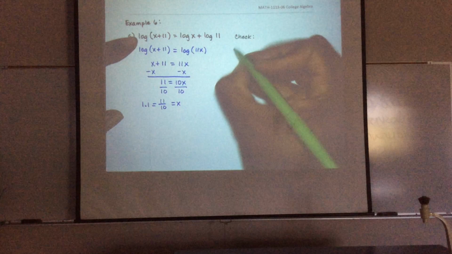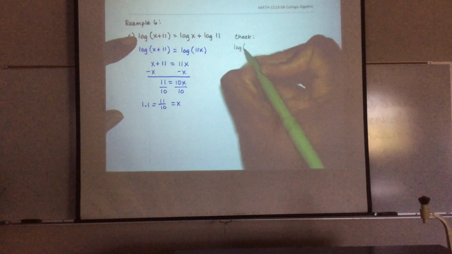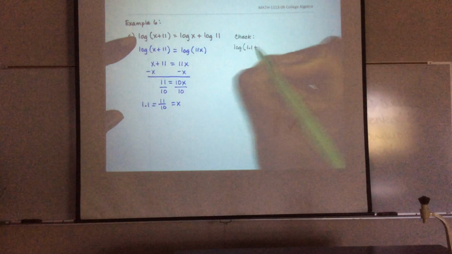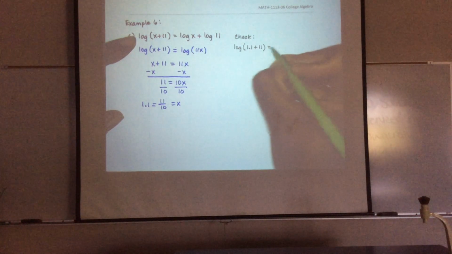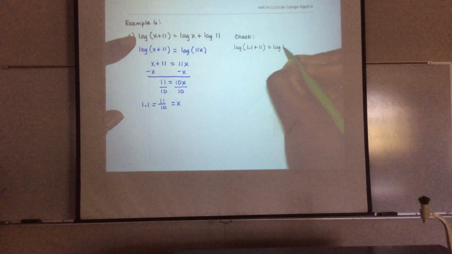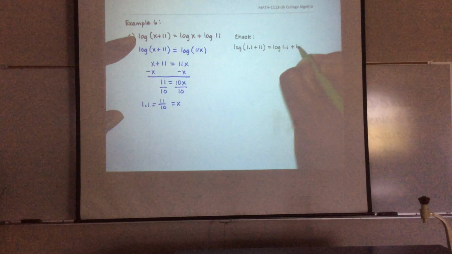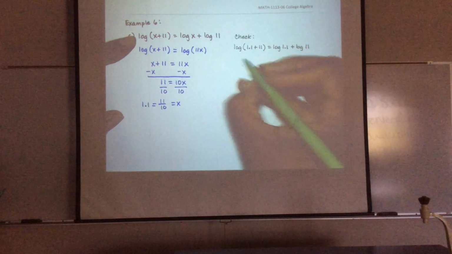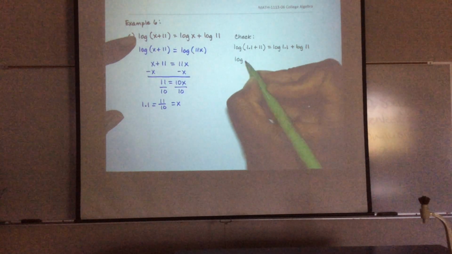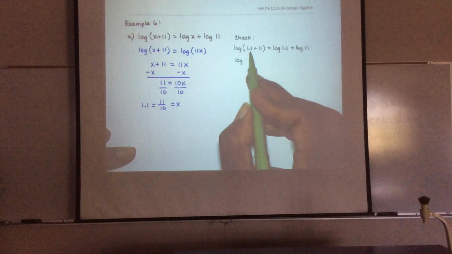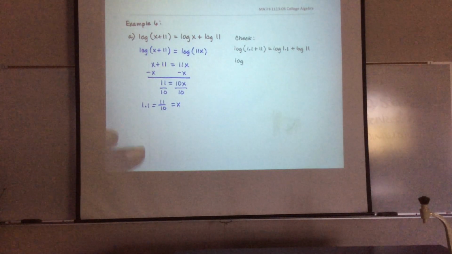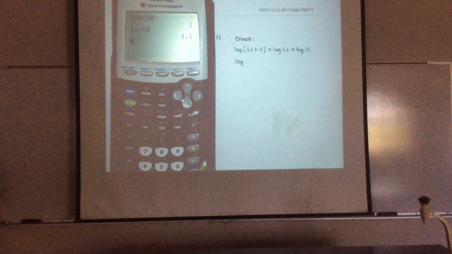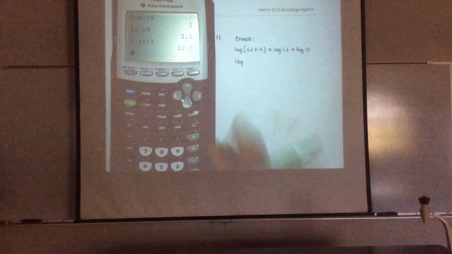Using the original equation, I'm going to replace the x with 1.1. On the left side, if I add 1.1 and 11 together using your calculator, that'd be 12.1.